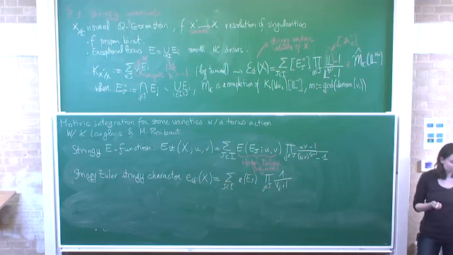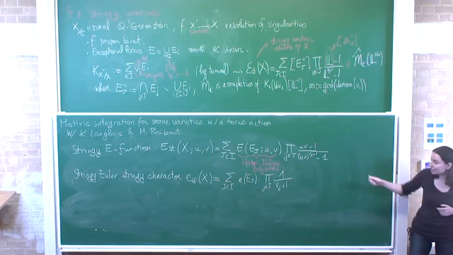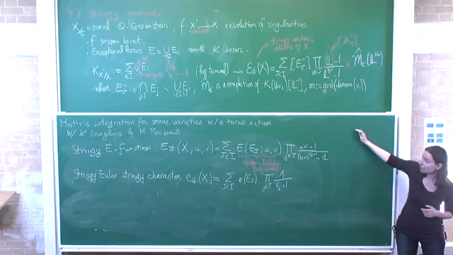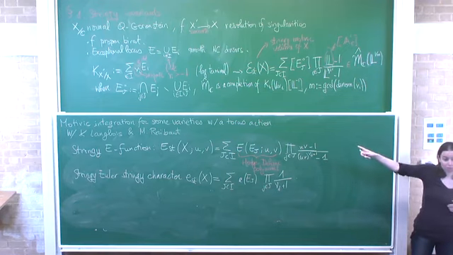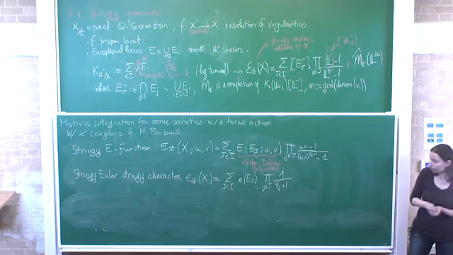Okay. And now I'd like to explain how this can be computed by integrating over the arc space of X prime. So, yeah.